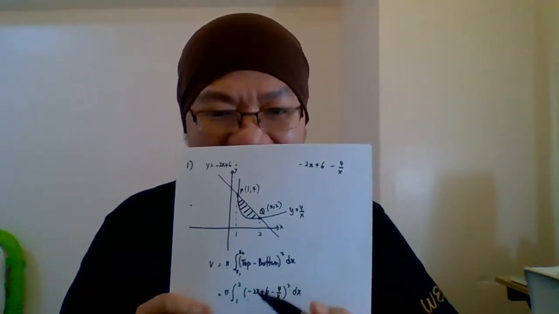So you need to simplify this thing actually. When we simplify, you're supposed to get negative 2x.